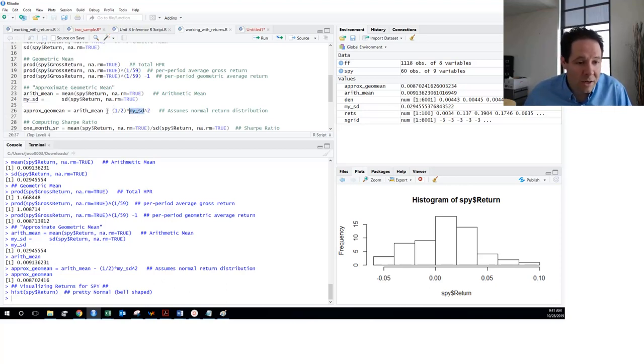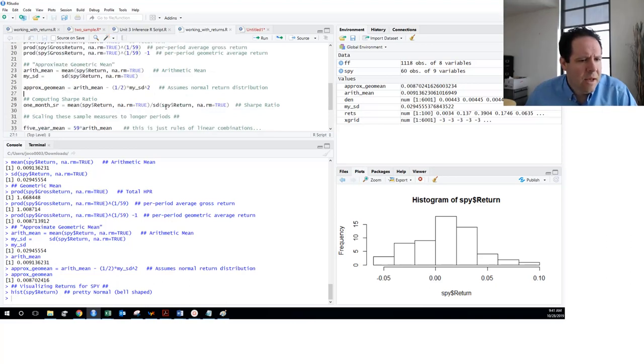You can see that here, that for the same arithmetic mean, the geometric mean is going to be lower for processes that have more standard deviation, because that volatility ends up eating into effective compounding. We discussed that at another point in class.